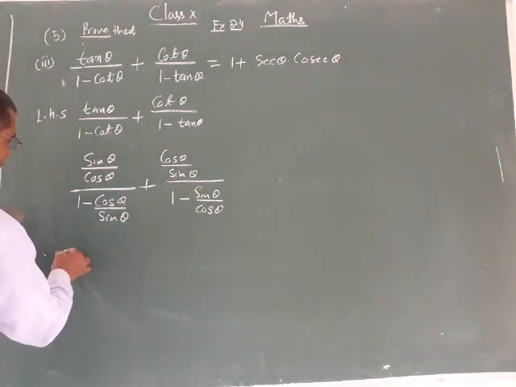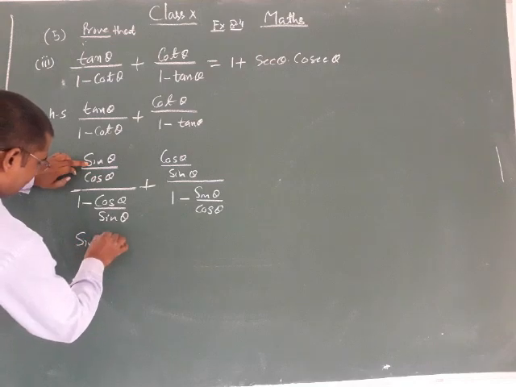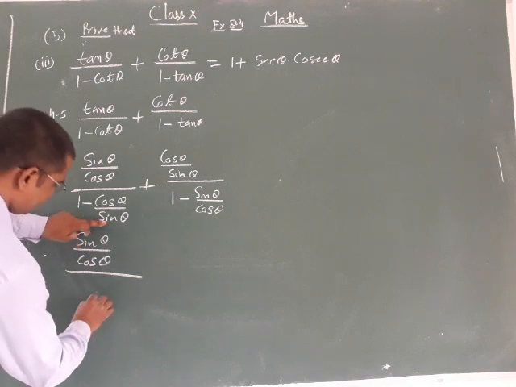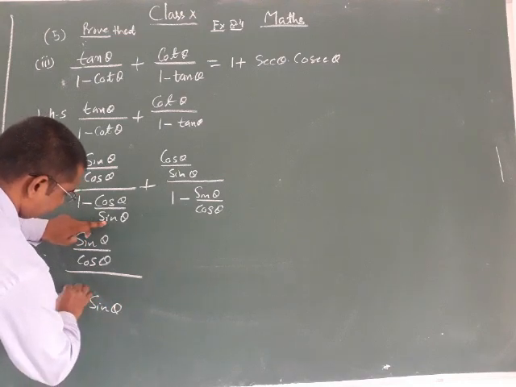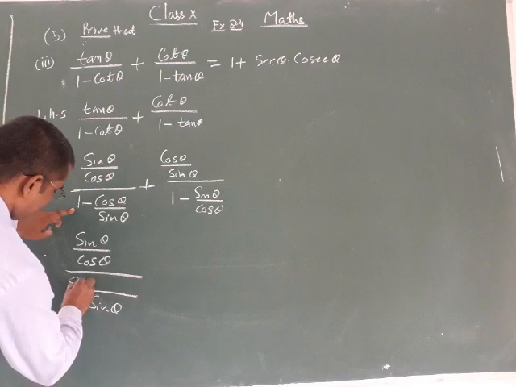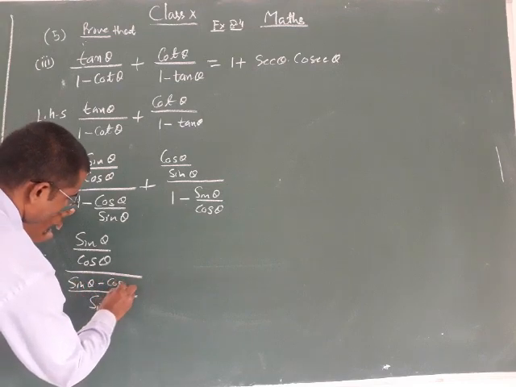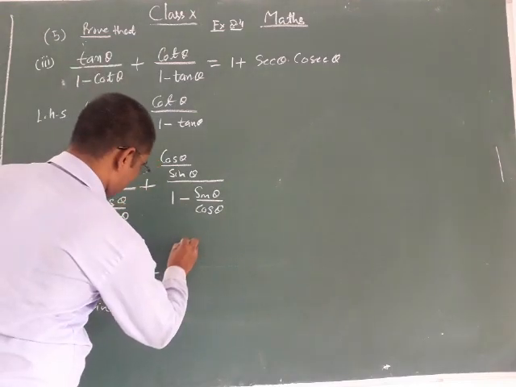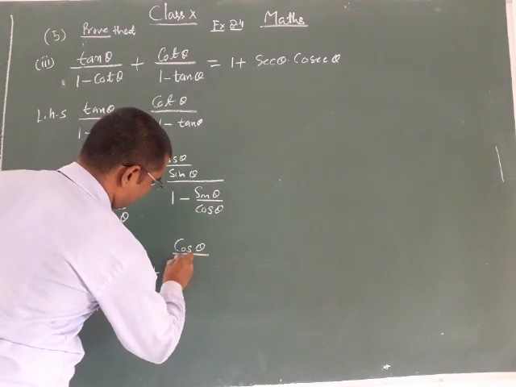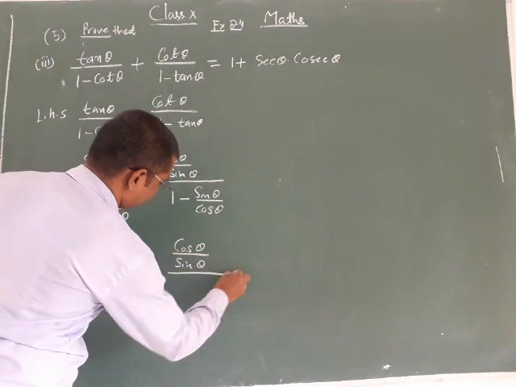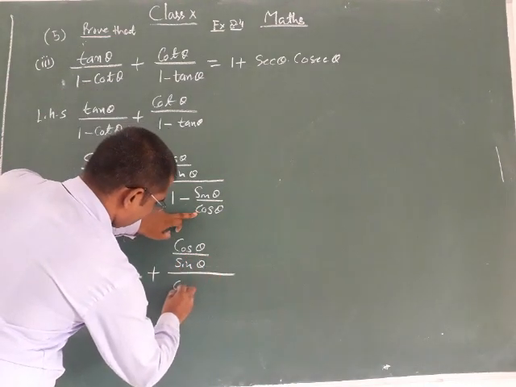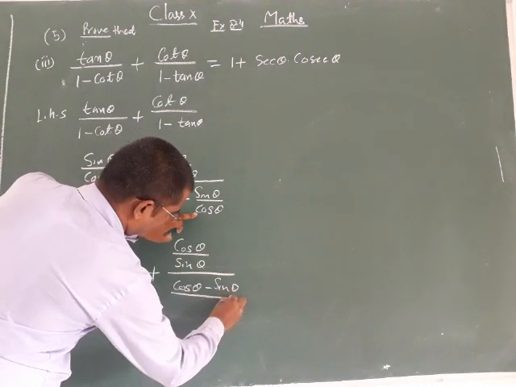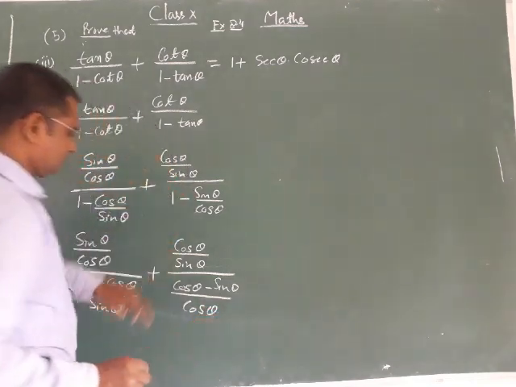So now sin theta upon cos theta, upon taking LCM, sin theta minus cos theta upon sin theta, and also plus cos theta upon sin theta, upon taking LCM, cos theta minus sin theta upon cos theta.